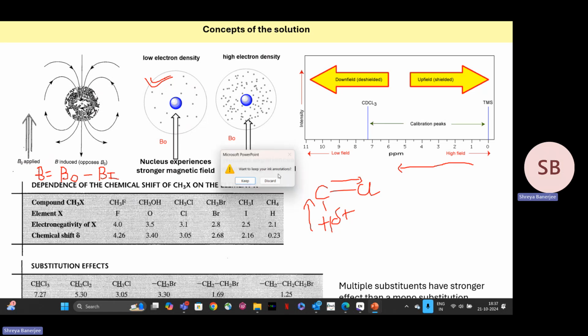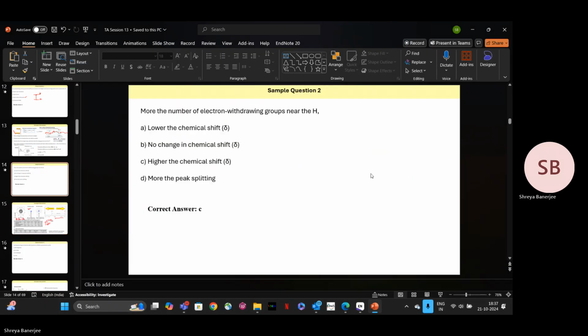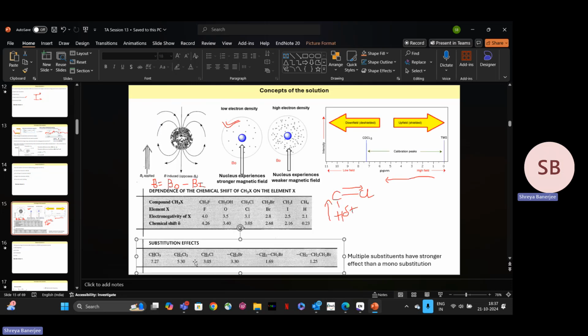So now if we go back to the question, what happens to the chemical shift with more electron withdrawing groups? We will look at this example. CHCl3, there are 3 chlorines near this underlined proton. CH2Cl2, there are 2 chlorines. CH3Cl, there is 1 chlorine.